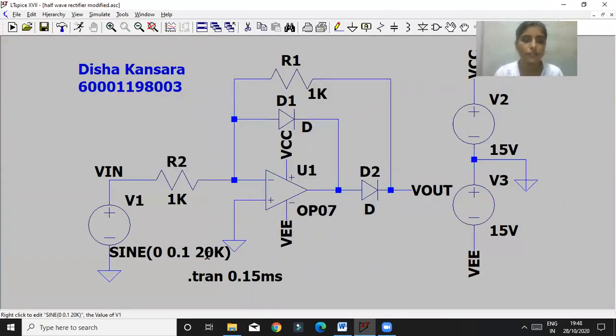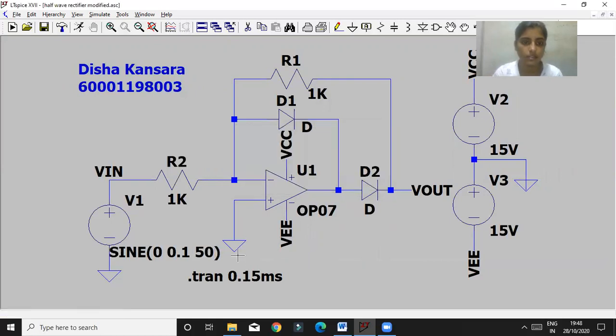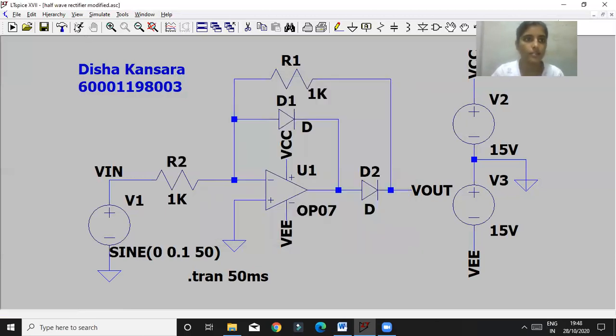So I changed the input frequency here, and I changed the transient time, let's say 50 milliseconds. So let's check the output.